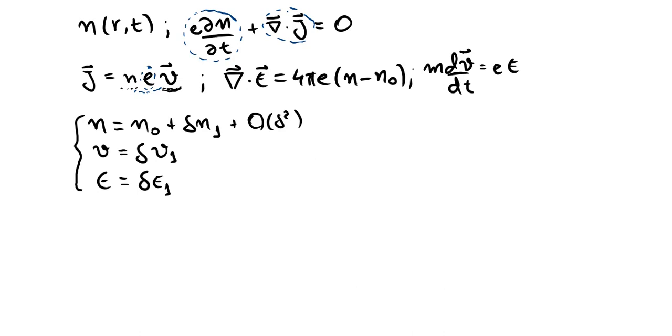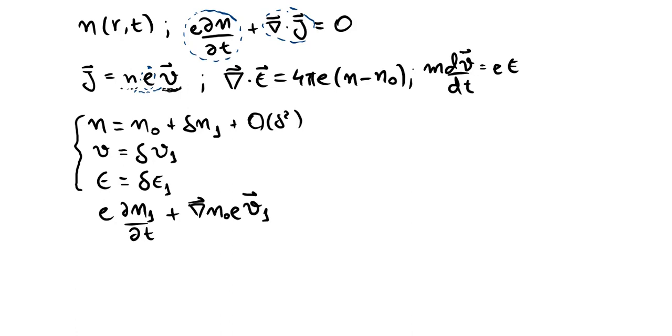So now what I'm saying is if I input these things in this equation, I'm going to find, then the derivative of n0 is going to be 0, so all you'll find is the derivative of n1 in time, and now the divergence of this j, that would be something like n0 e v1.